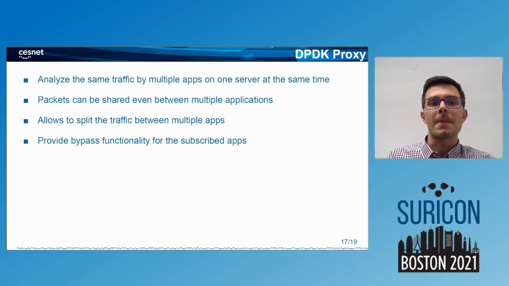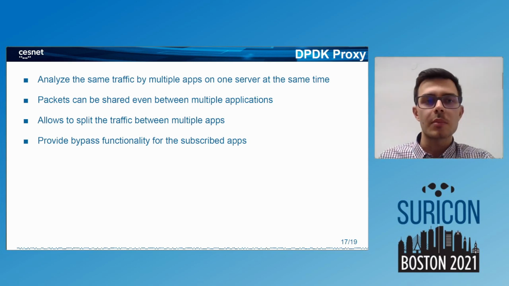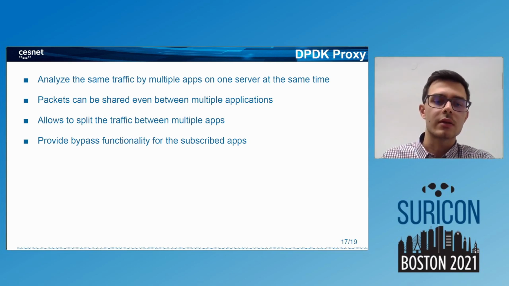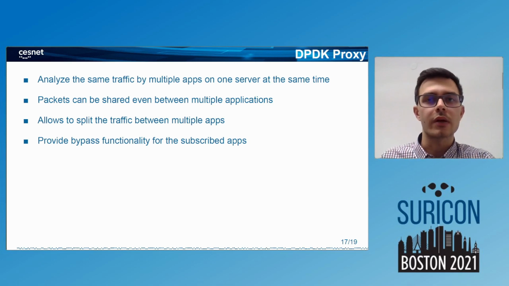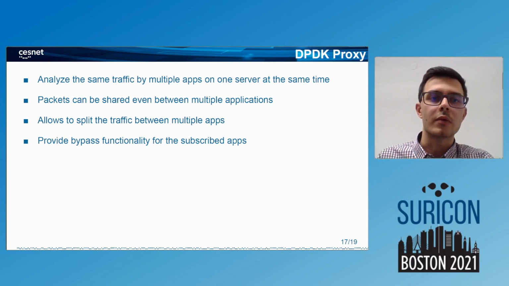DPDK Proxy can be very useful when we have multiple applications, let's say multiple network analyzers, and we want to run them on one server at the same time, side by side, to inspect the same traffic with them, possibly from one network card.